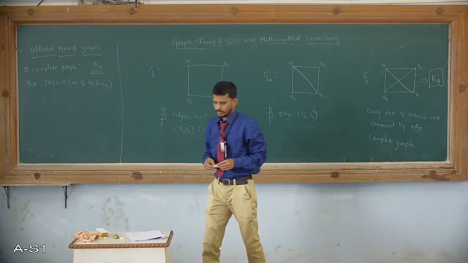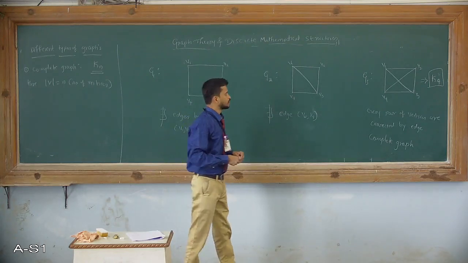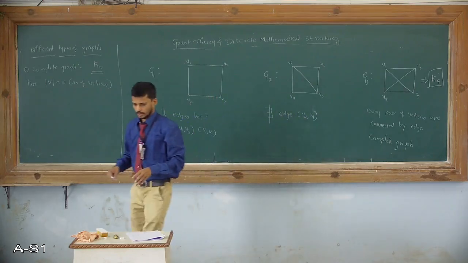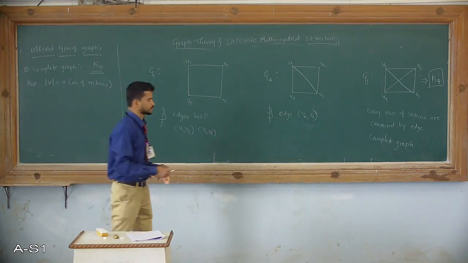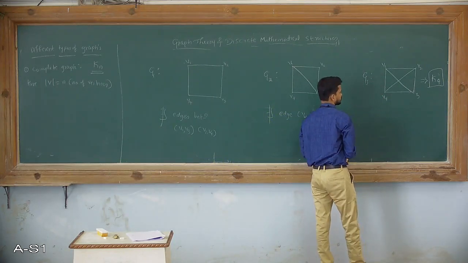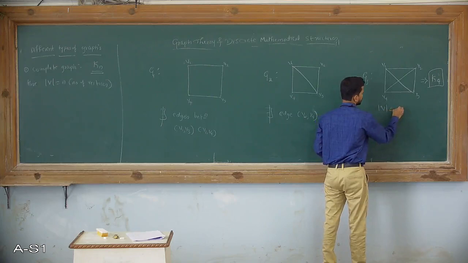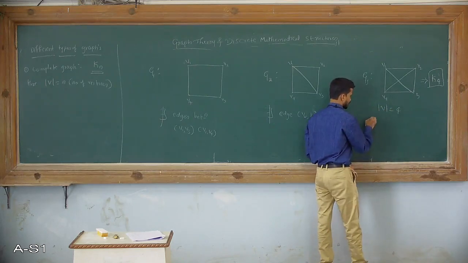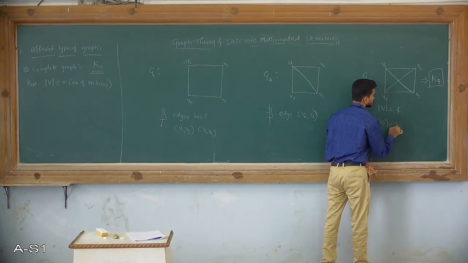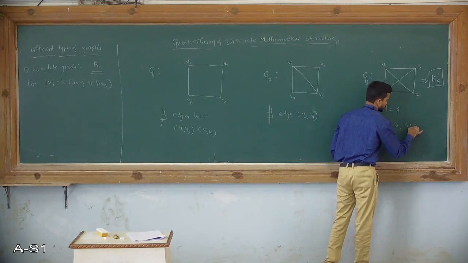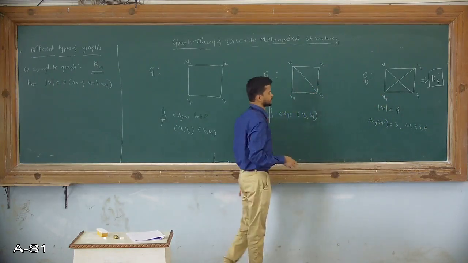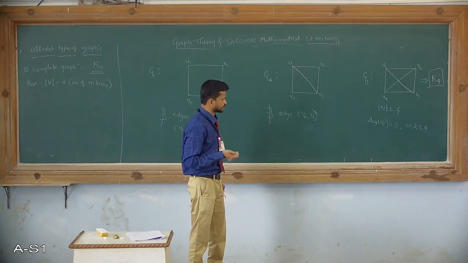Here the number of vertices is 4, and if you see the degree of each vertex, that is V1, V2, V3, it is 3, for i equal to 1, 2, 3 and 4, where i stands for the degree of Vi. So the degree of each vertex is 3.